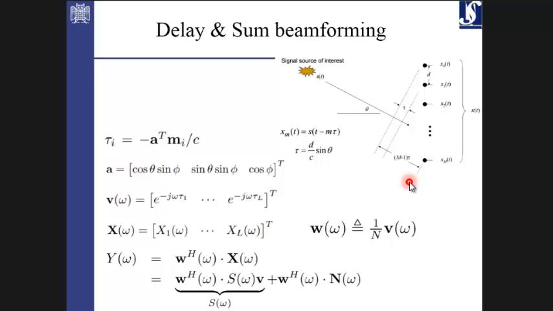Normally it's attenuated. Why? Because the noise is fully random Gaussian noise with mean 0 and some variance. You're doing the alignment on the signal in the microphones and then summing up.